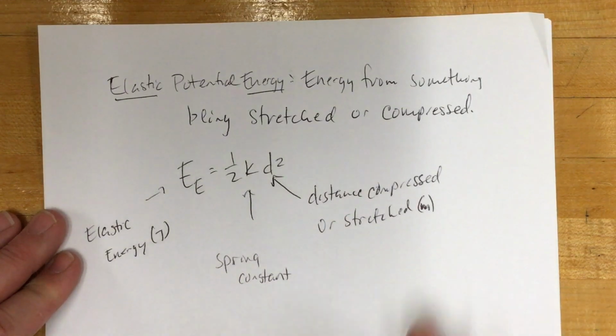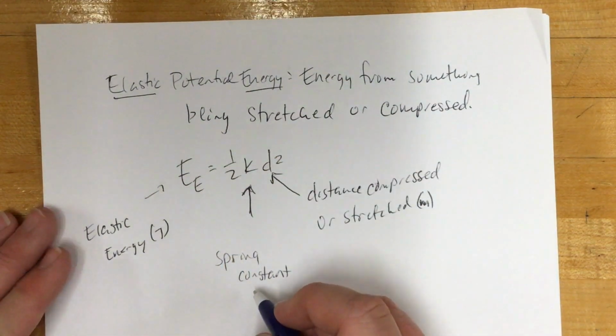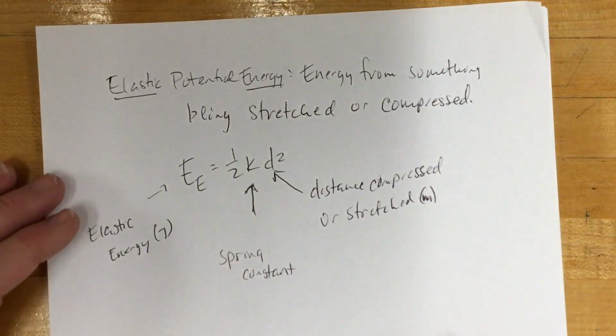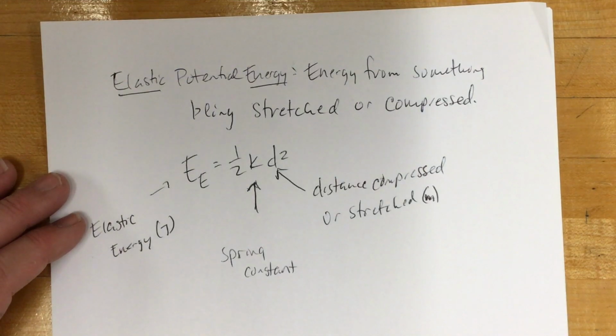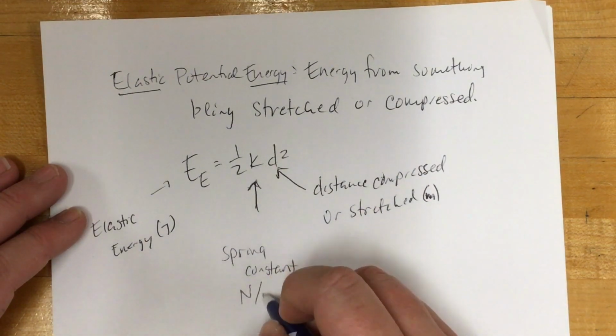And that's a measure of how difficult it is to stretch that spring. If it has a low spring constant, I can easily pull it apart. And when I let it go, it goes back into its form. If it has a high spring constant, it'll be more difficult to pull apart, but it will have more energy. We measure that in newtons per meter.